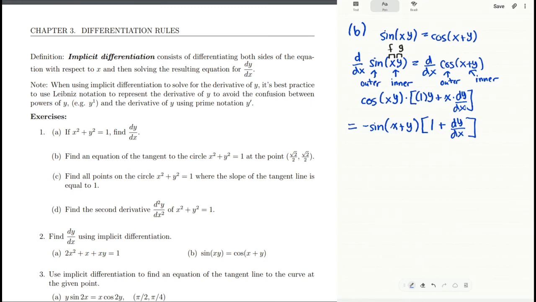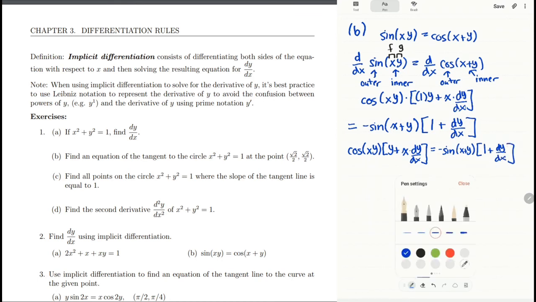So now let's simplify. We have the cosine of xy times y plus x times dy over dx is equal to the negative sine of x plus y times 1 plus dy over dx. Notice that the derivative dy over dx appears in two different places, so we need to isolate them to one side of the equation.